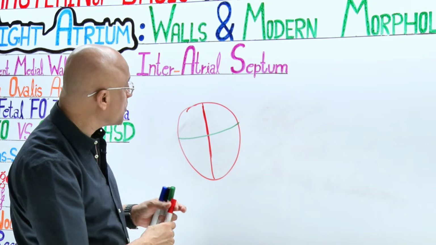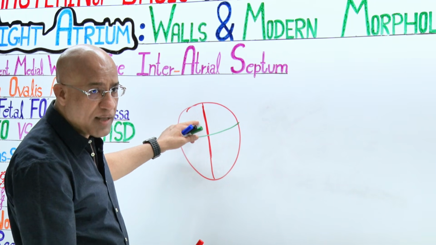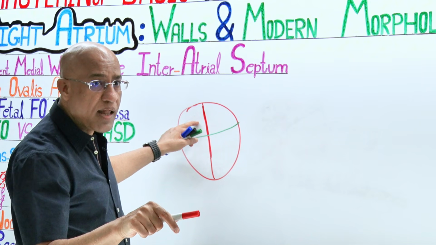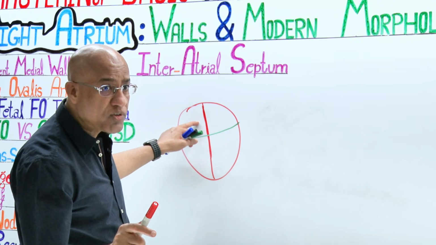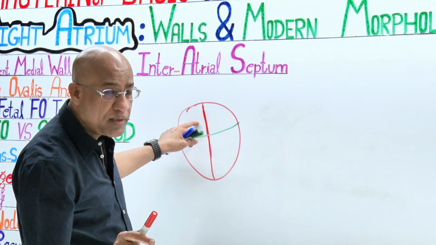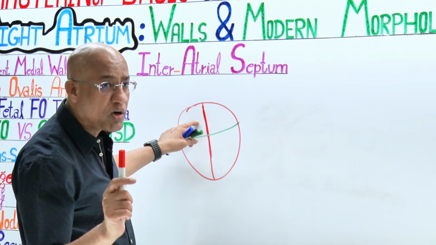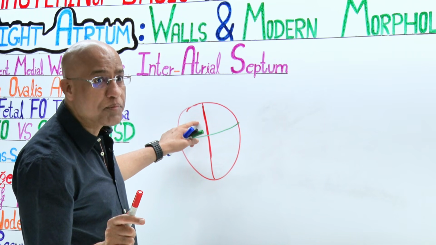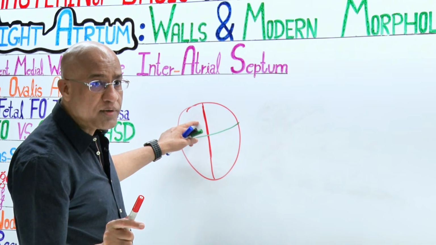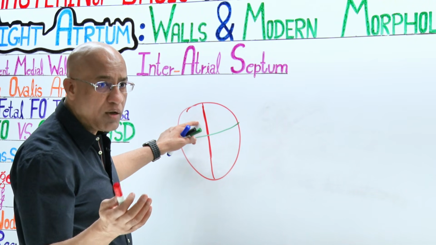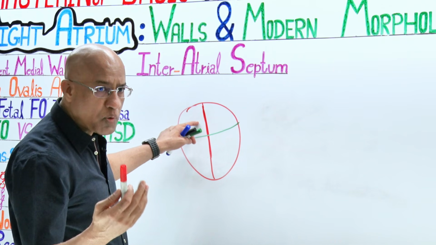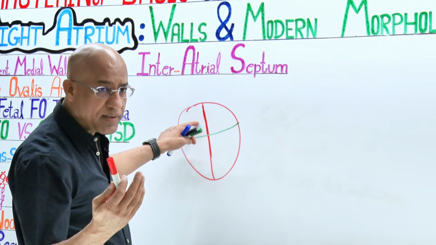But first I will tell you what was traditional and why it is wrong, and why modern concepts related to the medial wall are important. If you don't respect the modern concepts, you can kill the patient if you are an interventionist or a cardiologist playing with catheters.